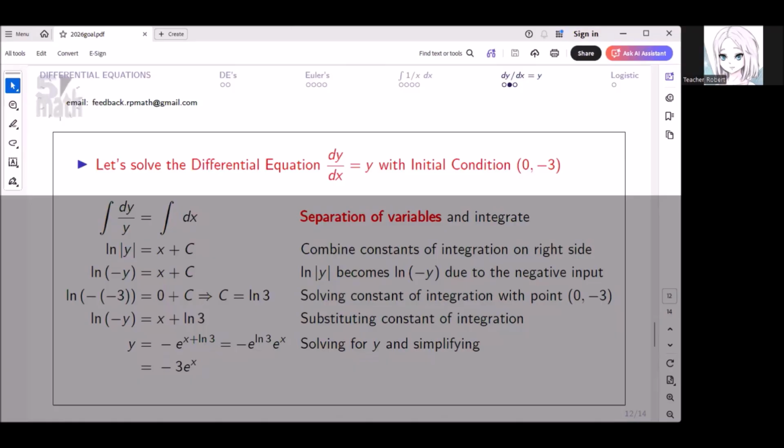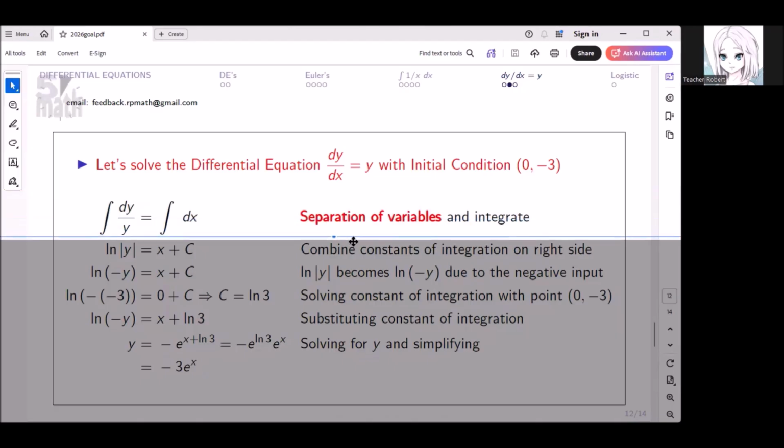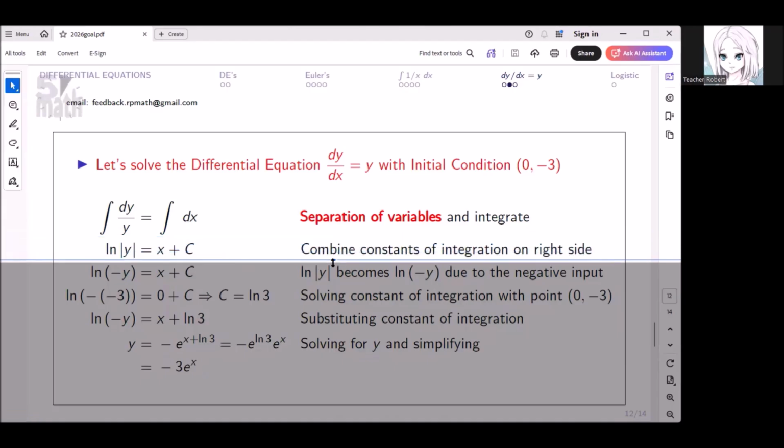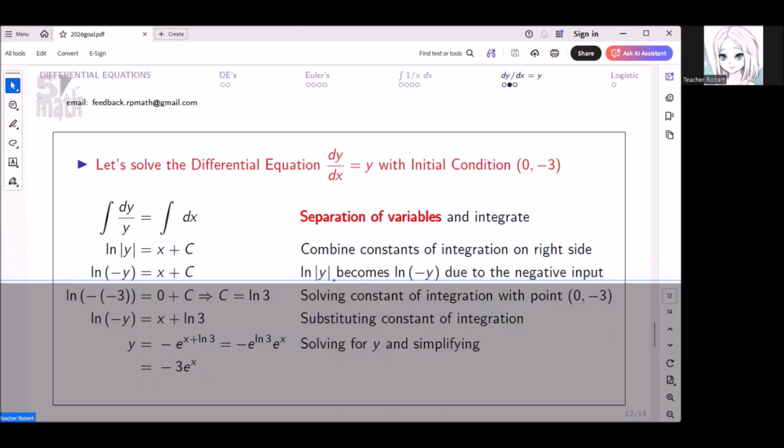Let's solve the differential equation dy dx equals y with initial condition 0, negative 3. Separation of variables and integrate. Combine constants of integration on right side. Ln absolute value y becomes ln negative y due to the negative input.